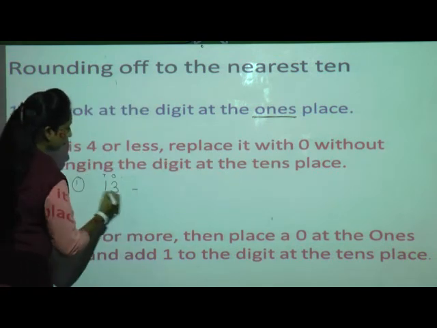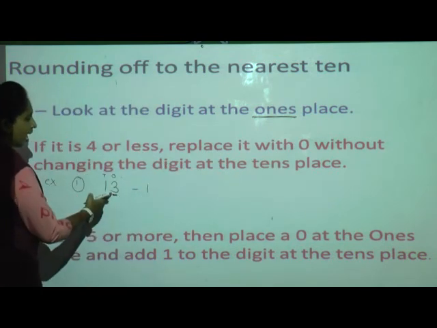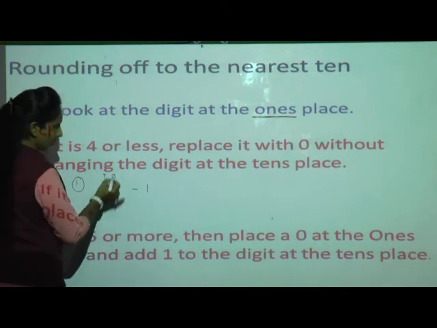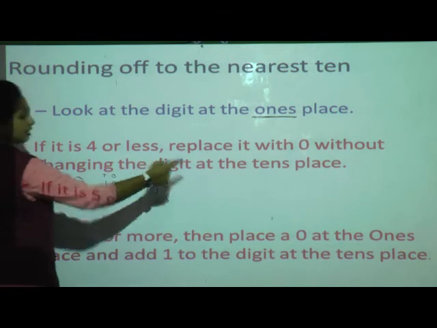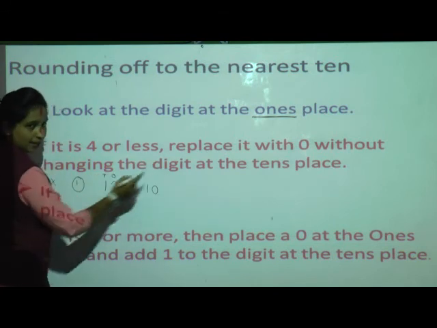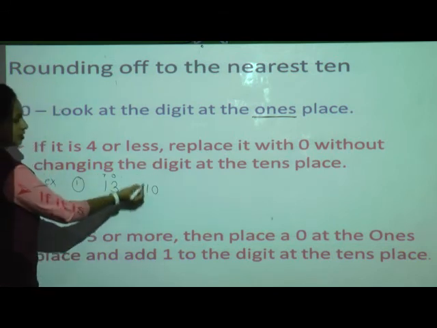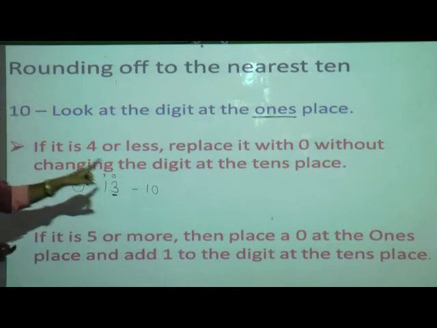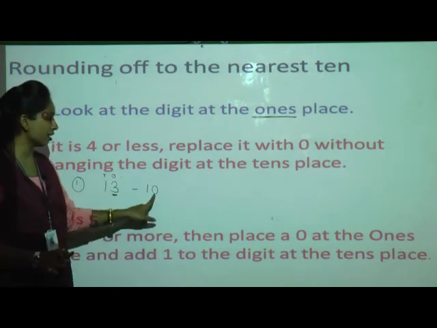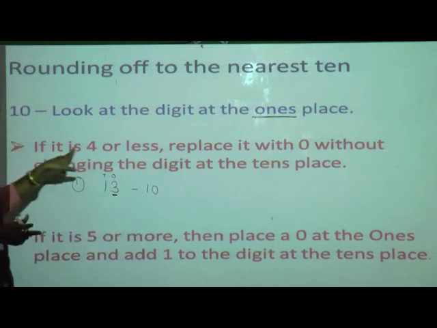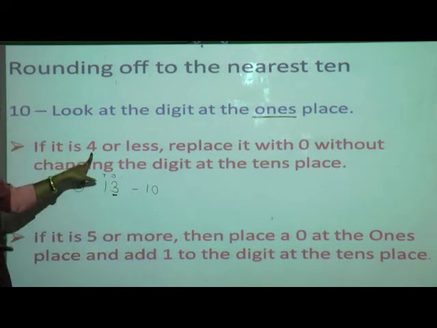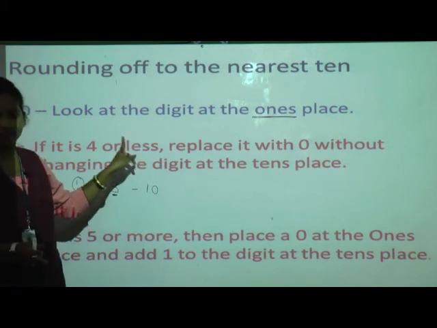It means we write 1 as it is and replace the ones place with 0 without changing the digit at the tens place. Whatever number is at the tens place, write it as it is and just replace the ones place with 0, whenever 4 or less than that is in the ones place.